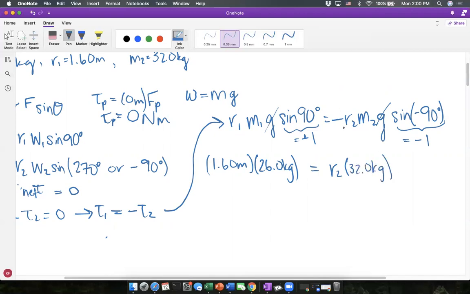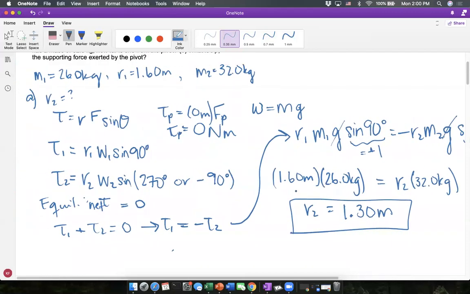Our negative times the negative 1 over here is just going to be positive 1. Now we can solve for R2: 1.6 times 26 divided by 32, and we get the radius is 1.30 meters. That is the radius where our second child will sit to be at equilibrium.